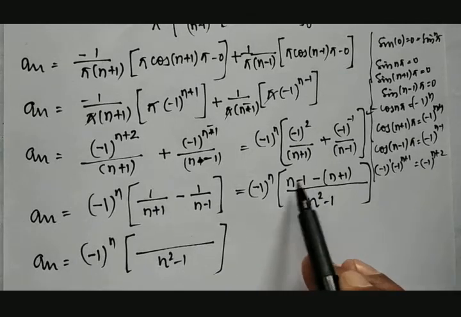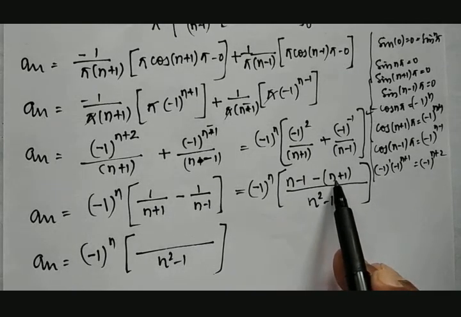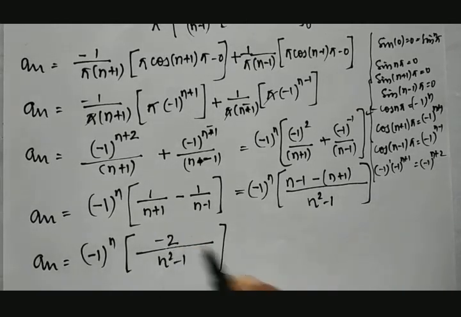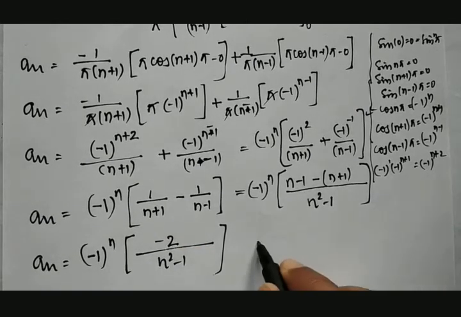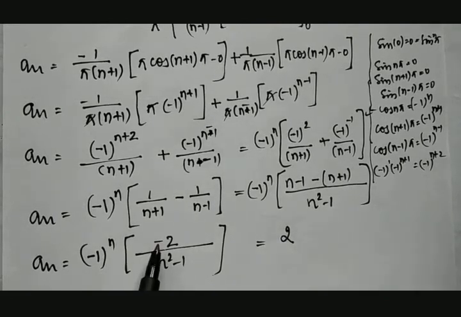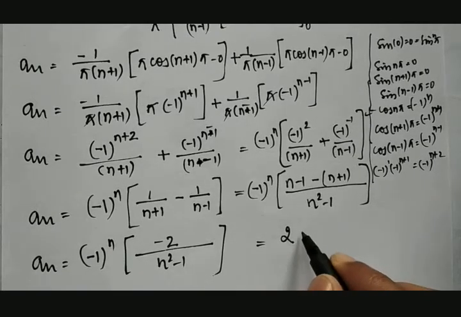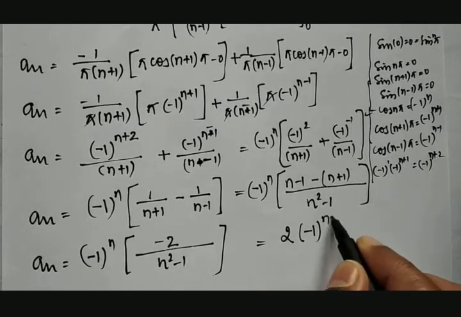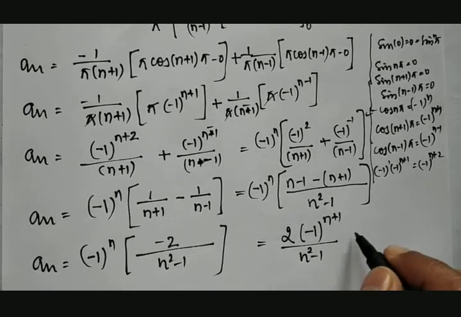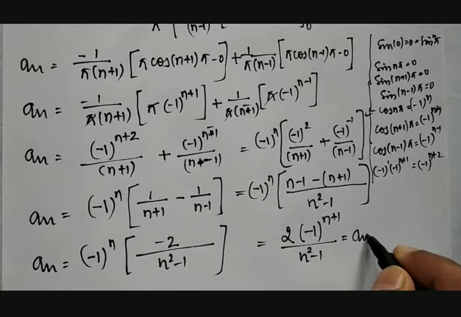You can see here, n minus n gets cancelled, minus 1 will be minus 2. Therefore, it can be taken as 2 into minus 1 raised to 1 minus 1 raised to n, which can be taken as minus 1 raised to n plus 1. So 2 into minus 1 raised to n plus 1 divided by n square minus 1. This is the value of an.